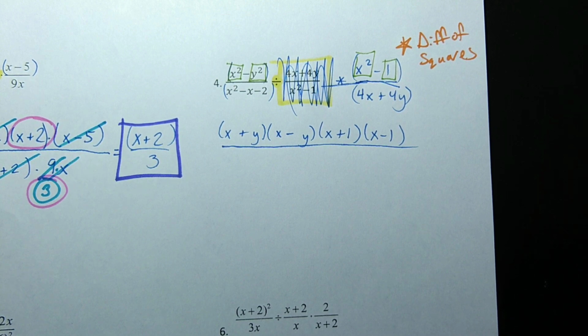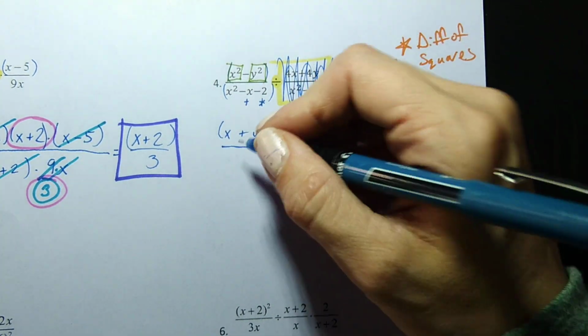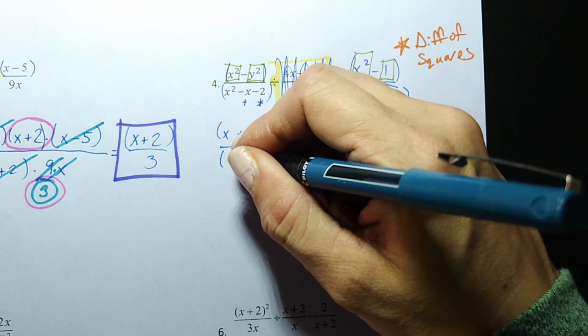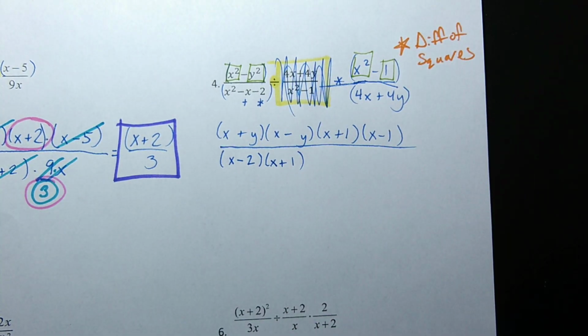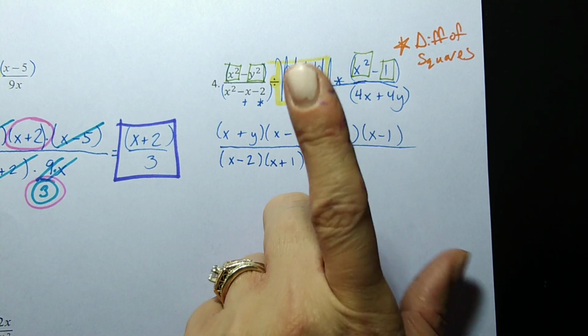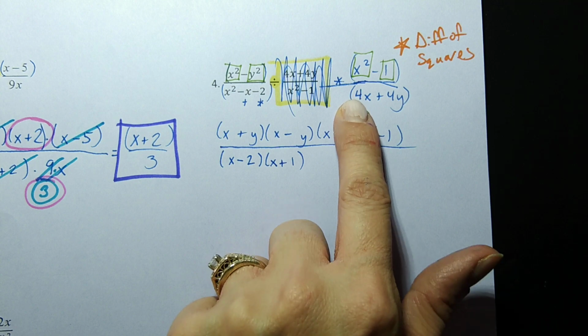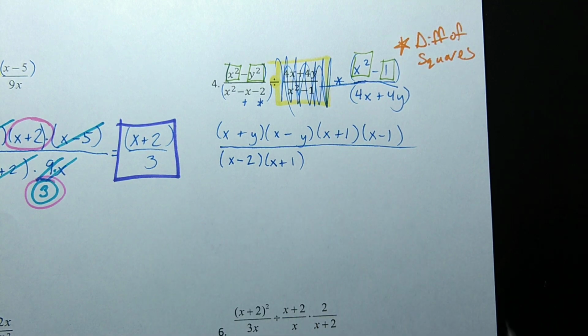Now we move to the bottom. We want a product of -2 and a sum of -1. So x minus 2 and x plus 1. There's that first denominator. Can I factor 4x plus 4y? Yes! What can we do?